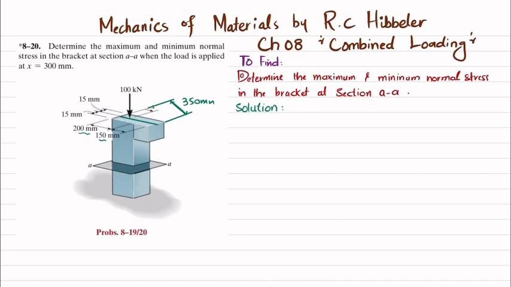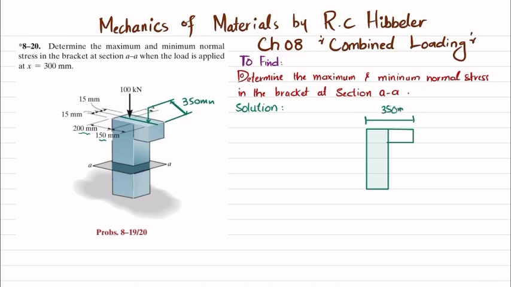So it means that this load is applied at this point. Okay, so what we will do is that I will draw a free body diagram. So this total distance is 350.